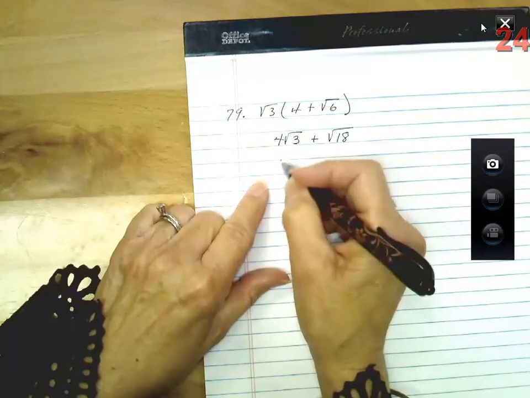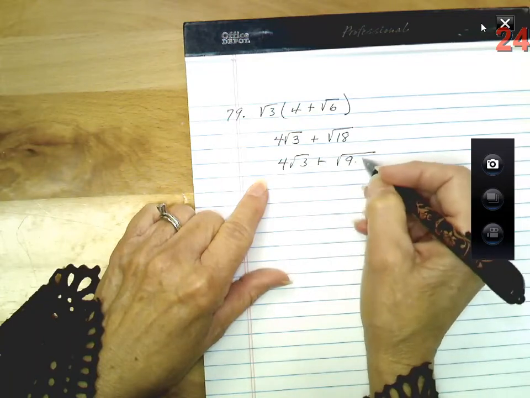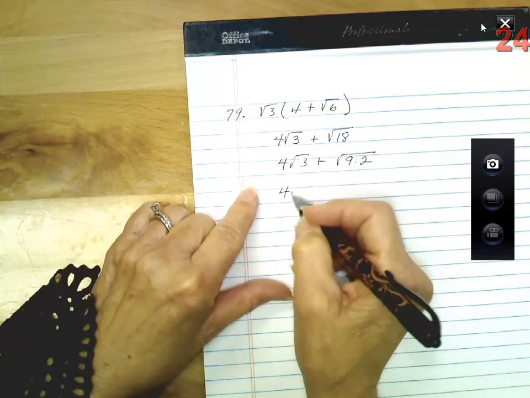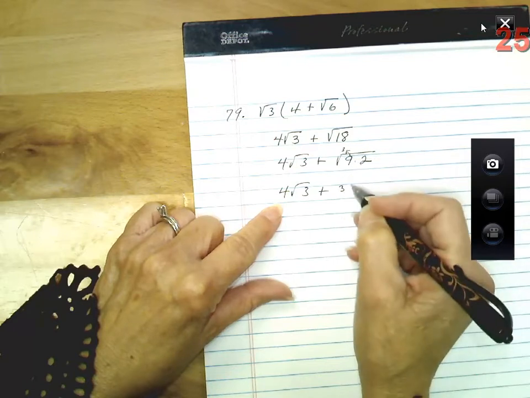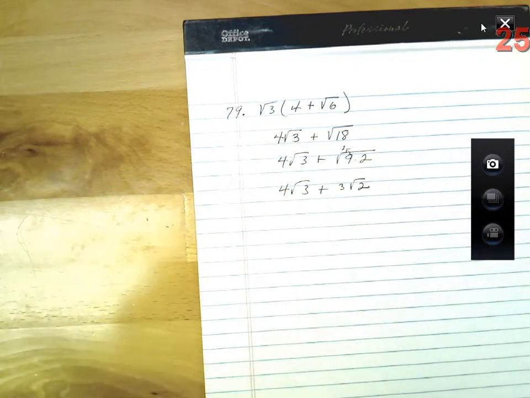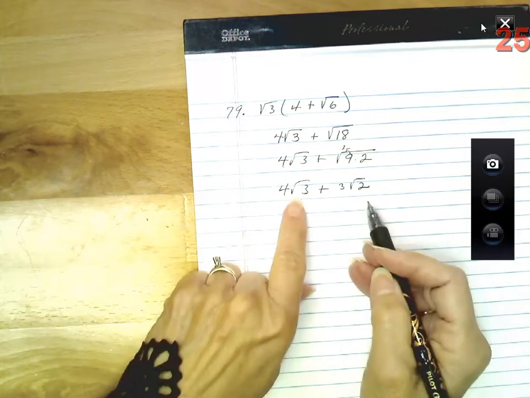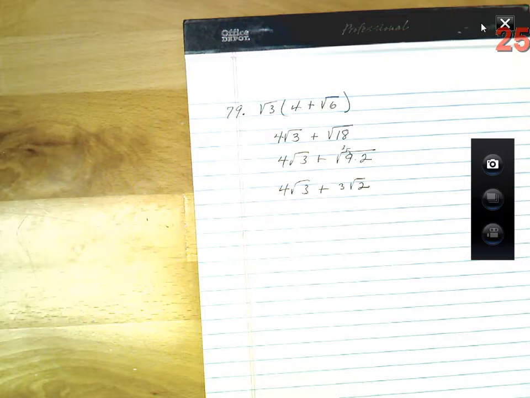Now, we would break this one down into 9 times 2. Square root of 9 is 3, bring it out. Is that right? Yes. And these are not alike, so you have to leave it like that. So they get kind of harder and harder.